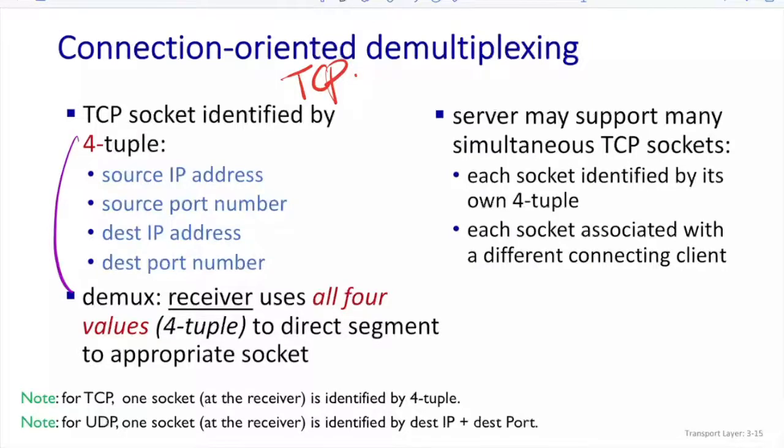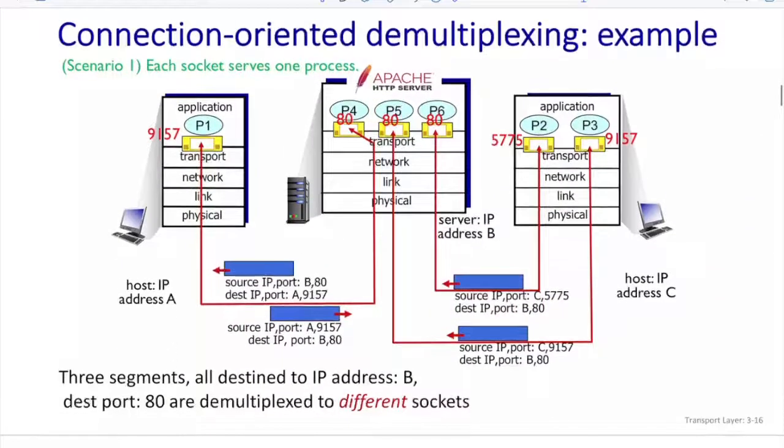So take a look at this figure, okay? That is for TCP. So again, we have 3 different hosts, A, B, C, right? We have several different processes on different hosts. So take a look at this one, this purple one.